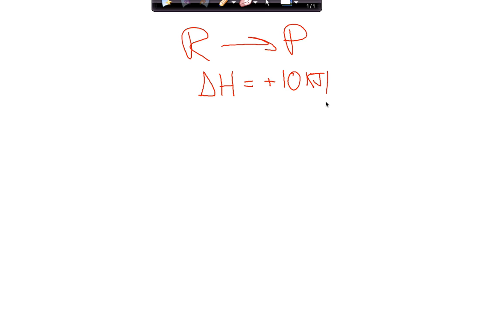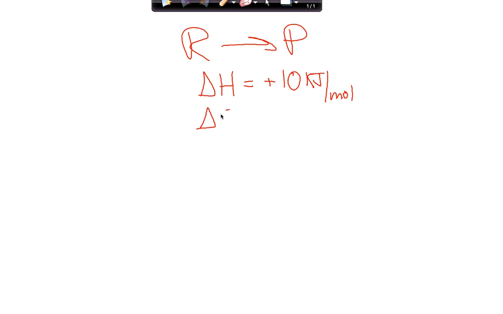So let's take a fictitious process where simply reactants become products. And the delta H for this process is, I'm just going to use simple numbers, 10 kilojoules per mole.